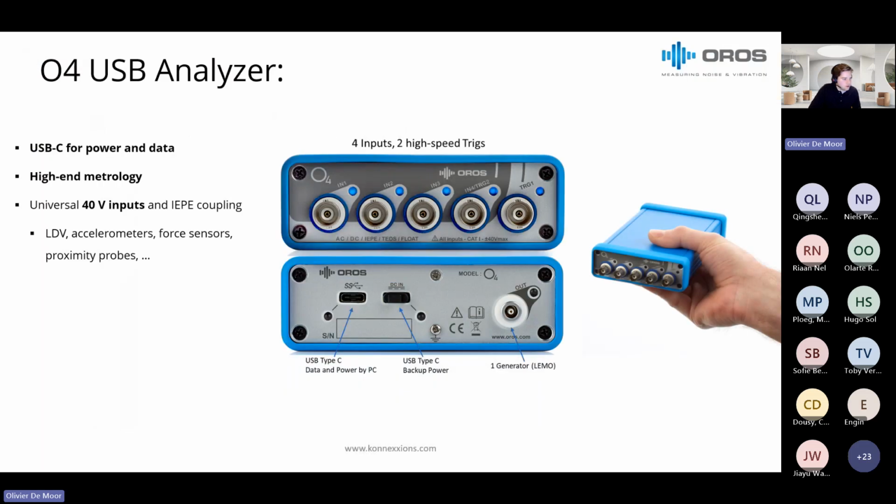Okay, so before we go to the live demonstration, I also want to introduce you to the O4 analyzer from Oros. Both data and power go through the USB-C connection to your computer. It has the same high-end metrology as the Teamwork platform that I showed you before. One of the benefits of this system is that it now goes up to 100 kilohertz.